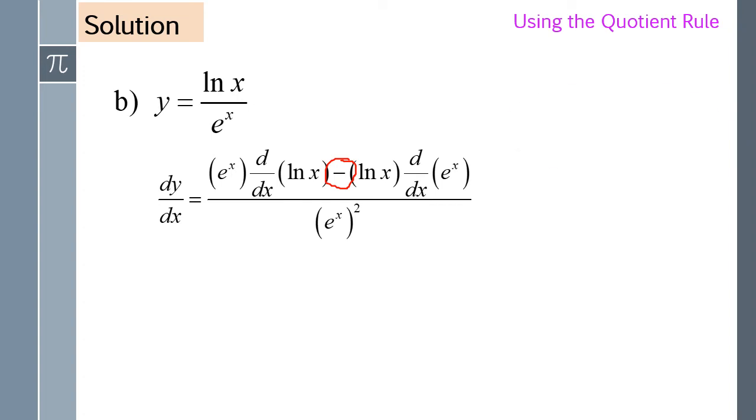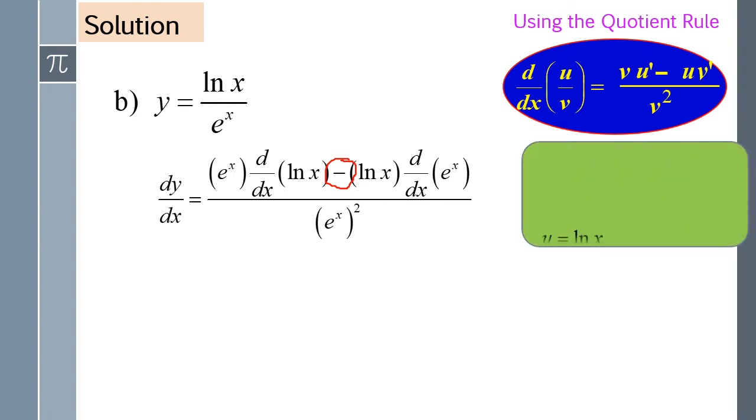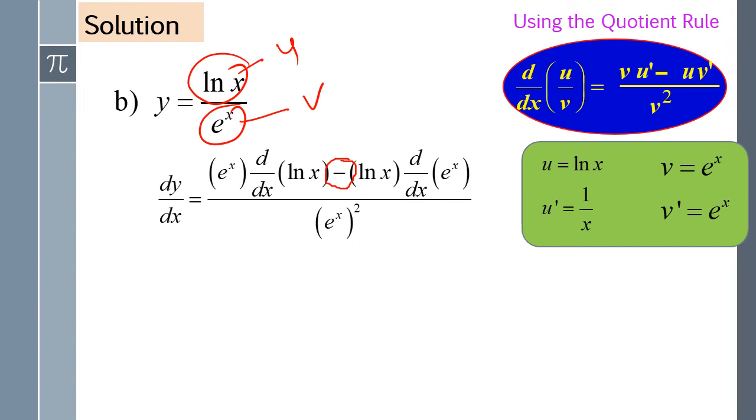Similarly, if we use this formula, d/dx u over v is equal to vu prime minus uv prime over v squared, which is we let u is equal to ln x, and then we let v is equal to e to the power of x.